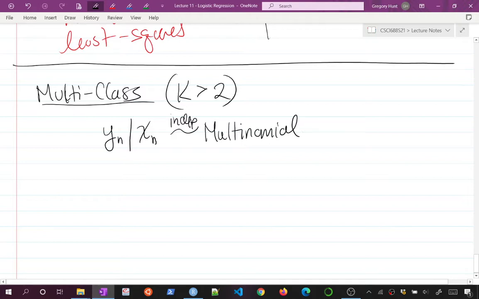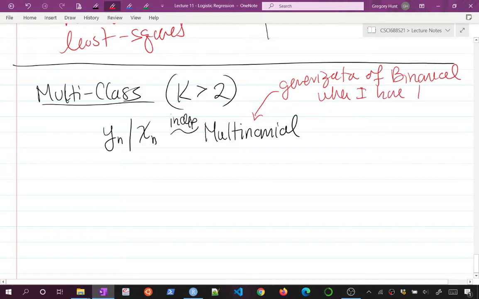The multinomial distribution is a generalization of the binomial, where I have some k discrete outcomes, and I can get one of these k discrete outcomes. So this is a multinomial distribution.